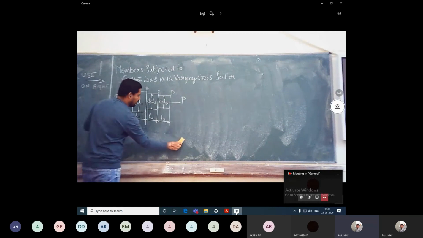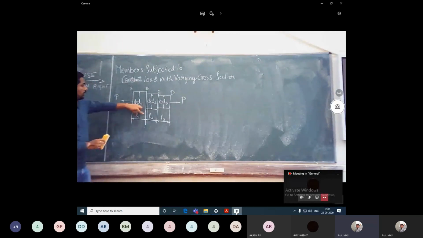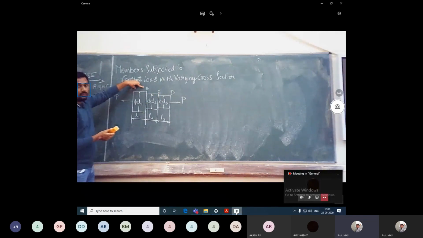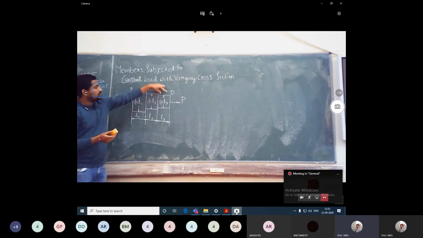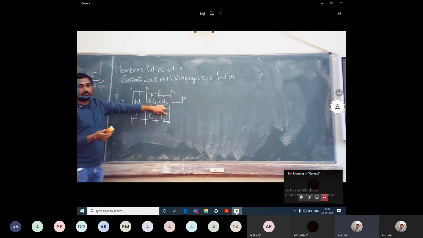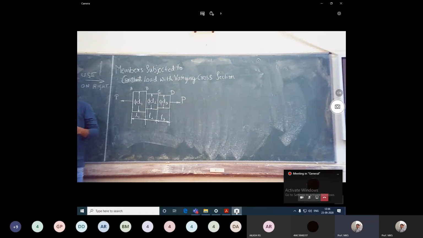So since the stress acting is different, we have taken L1, L2, L3 as the respective lengths at the cross sections. The stress acting at AB will be sigma 1, the stress acting at BC will be sigma 2, and the stress acting at CD will be sigma 3. You know the general expression for stress.